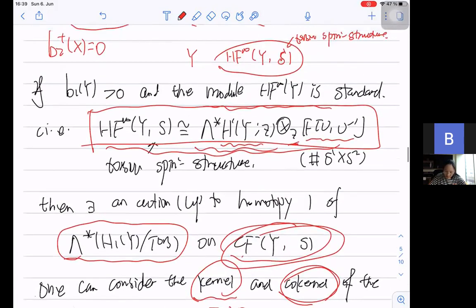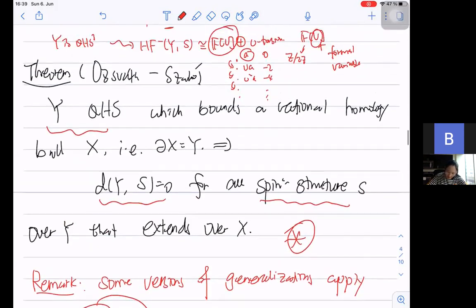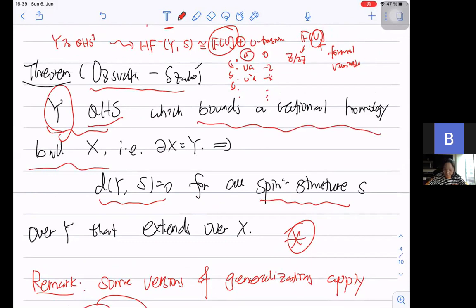We also need a generalization of the theorem of Ozsváth-Szabó, where Y is not a rational homology sphere but has the standard HF infinity, and we also need to modify the four-manifold it bounds.